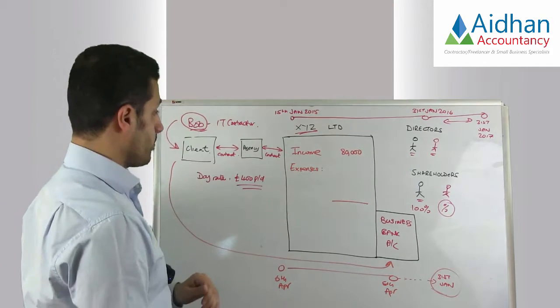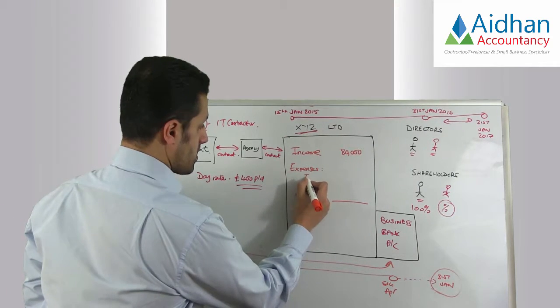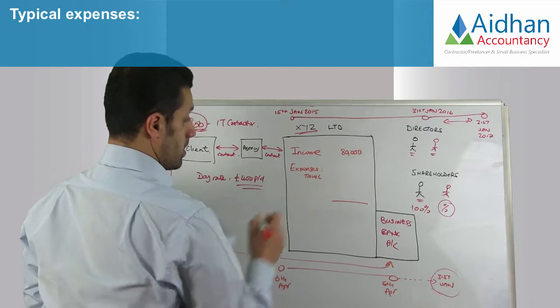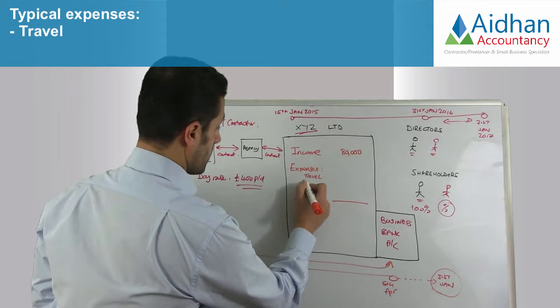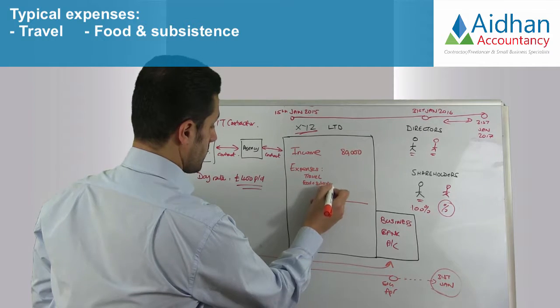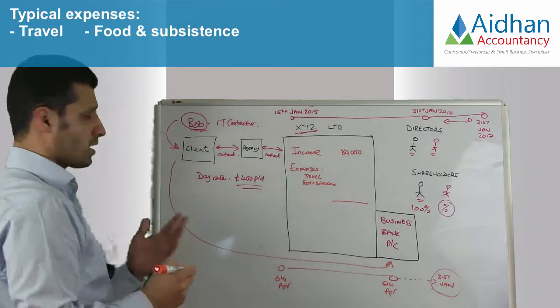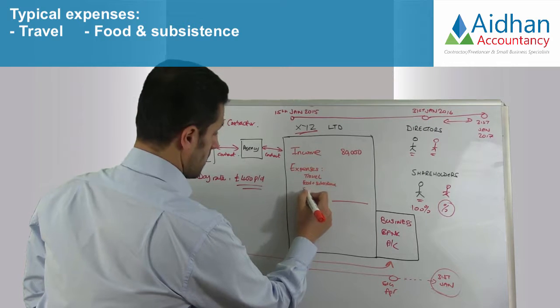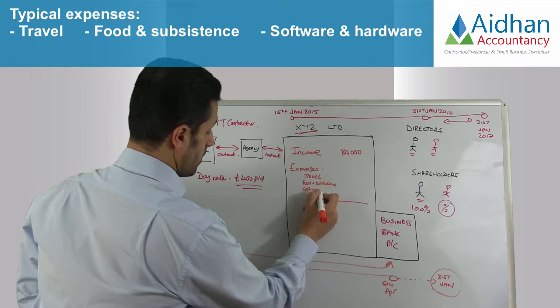Now let's look at Bob's situation. He can offset his expenses. Let's see the typical ones. There are his travel expenses, and food and subsistence. As an IT contractor, he may need to buy software and hardware.